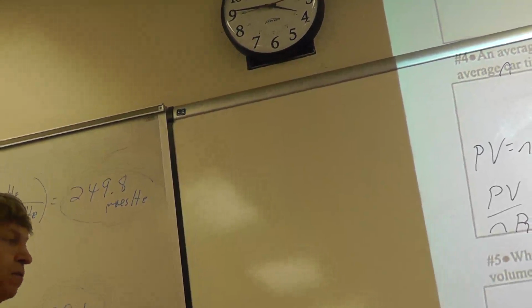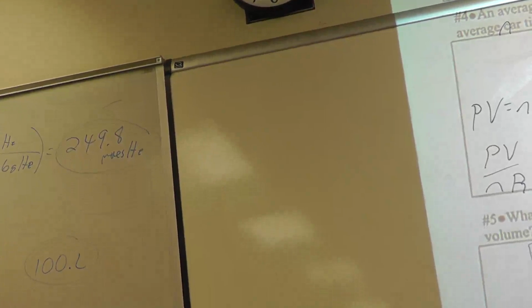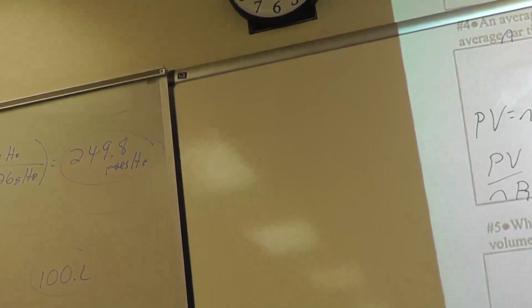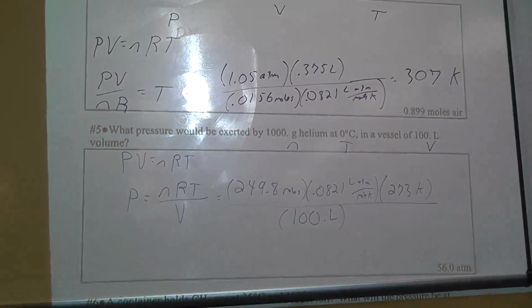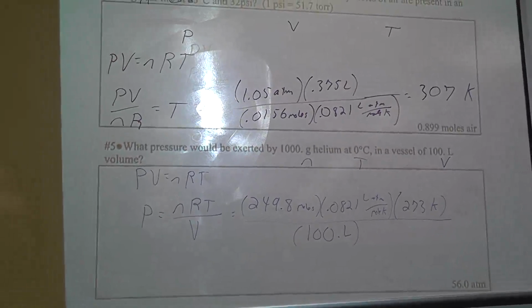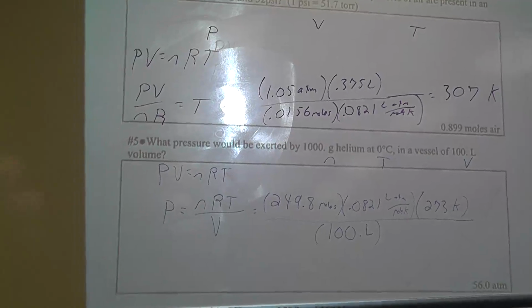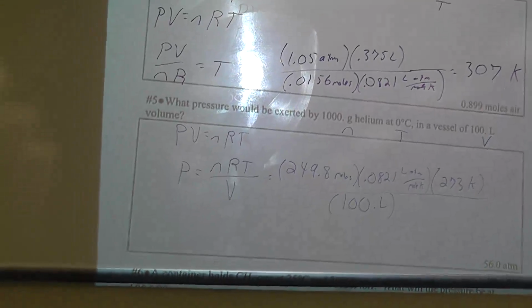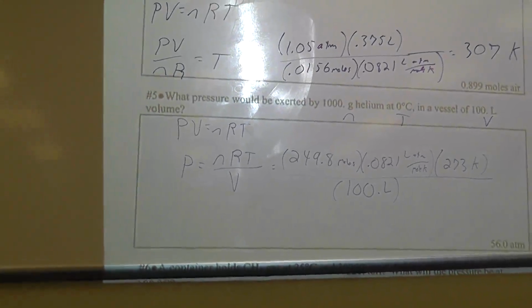Yeah, you should be getting around 56 atmospheres. I got 55.988 something, something, something, but that would round to 56. Is the .0821 again only a question? If you're not getting that, please ask before we move on.